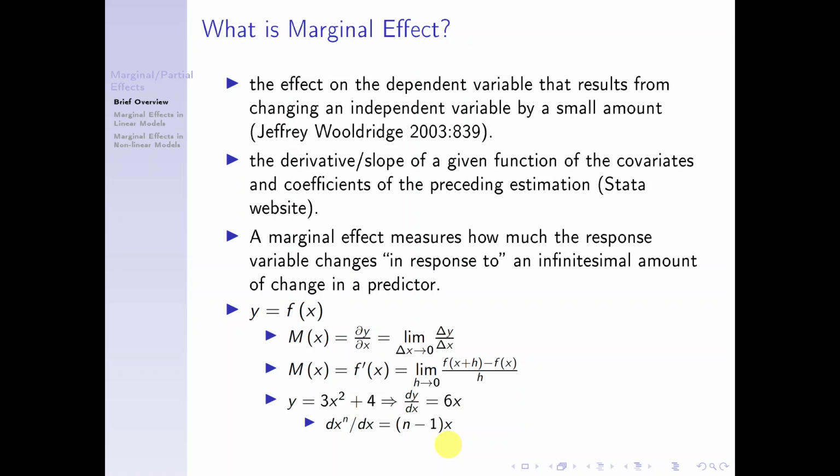You can check out some literature about calculus to read more about it. But marginal effect and partial effect, in simple terms, measure how much the response variable changes in response to an infinitesimal amount of change in the predictor. And that's actually the first partial derivative in calculus. They're almost equivalent.